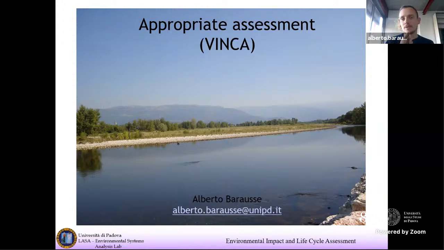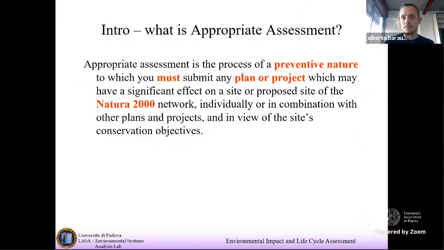This picture, taken just north of Padova, is just an example. You see the Brenta River and mountains, which are all part of the Natura 2000 network, which is related, as we'll see in this lecture, to the appropriate assessment authorization procedure.